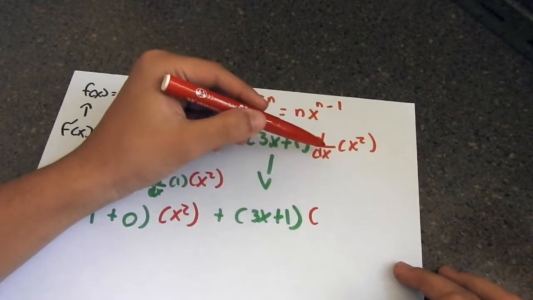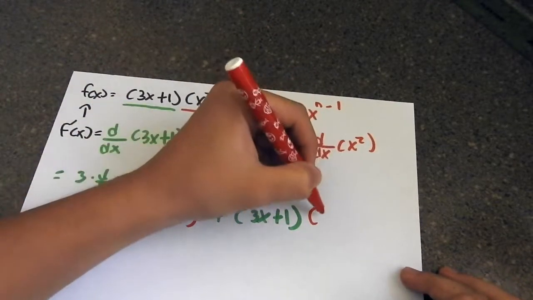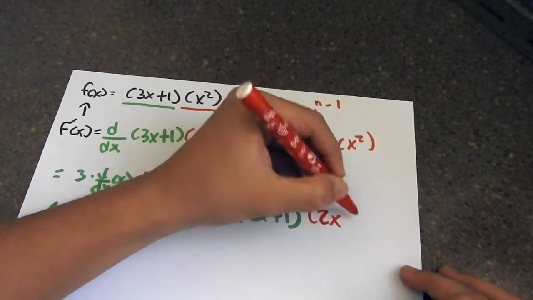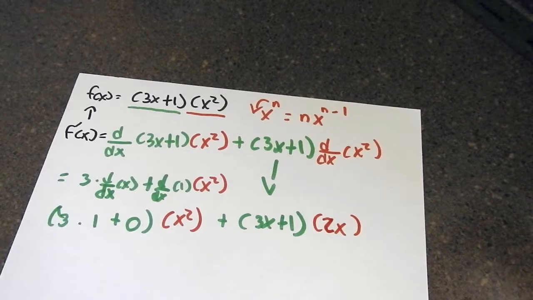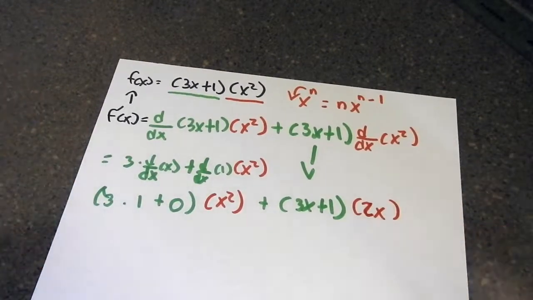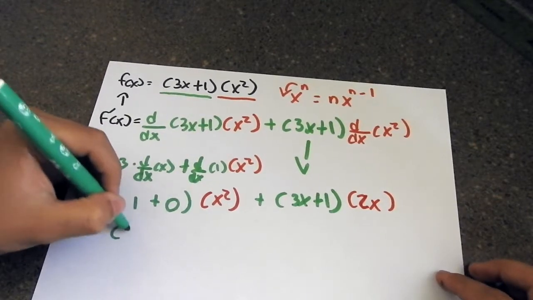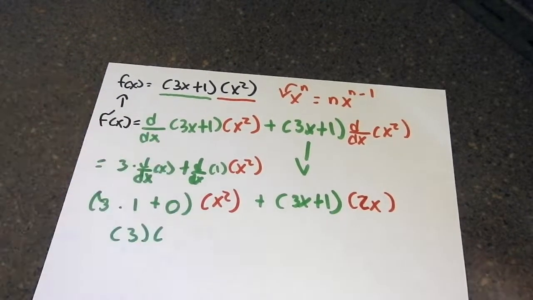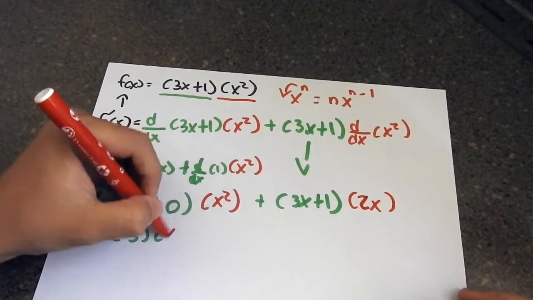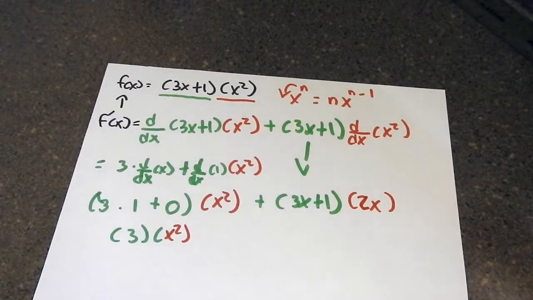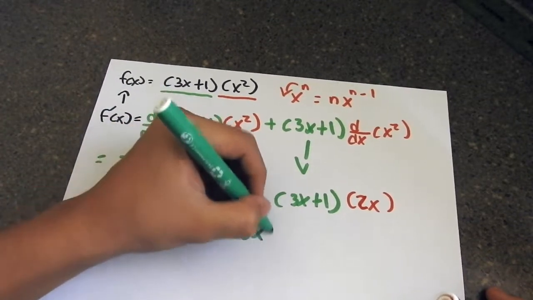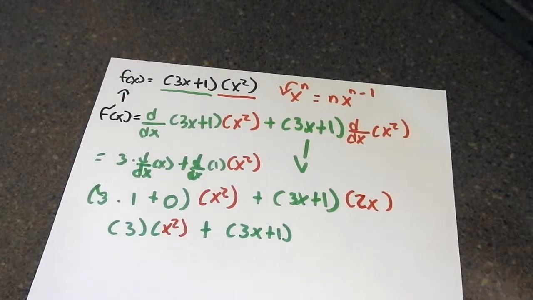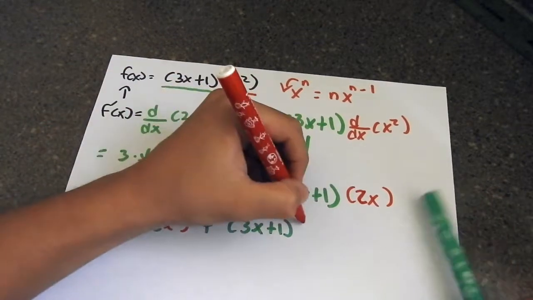So we apply the derivative operator to x squared, and we know that that is 2x. So now we have this, and now we just have to simplify. So here we have 3 times 1 plus 0, this is 3 times x squared plus 3x plus 1 times 2x.